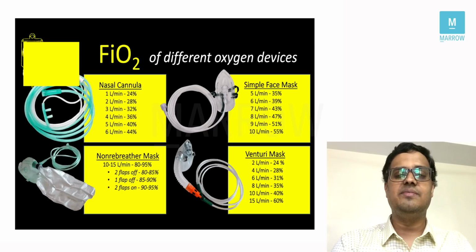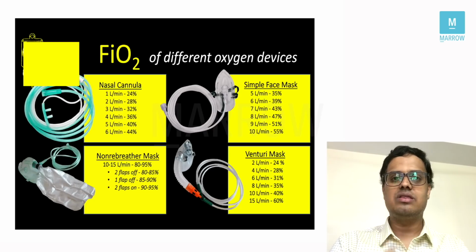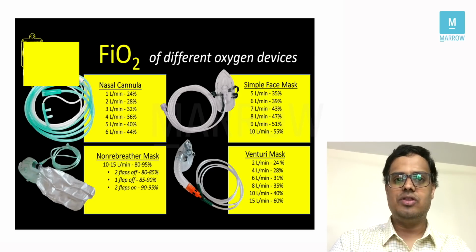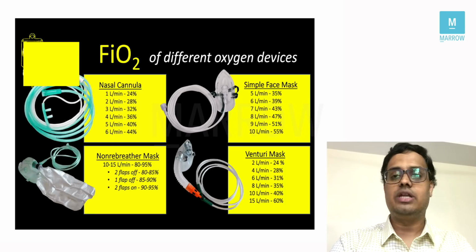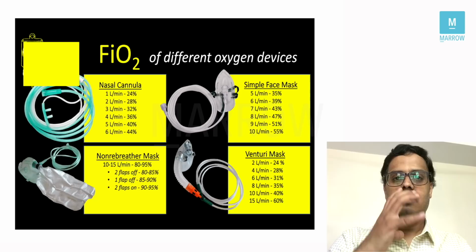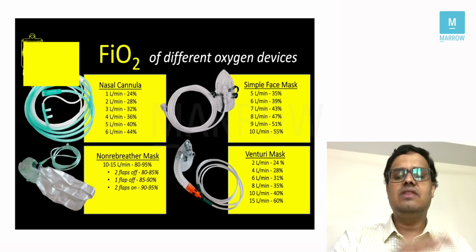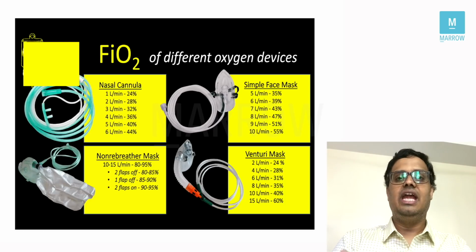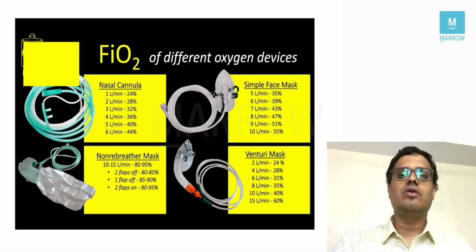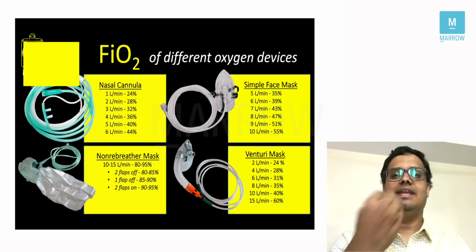A non-rebreather mask is like a simple face mask, but it has a bag on the lower side. When we are using flow rates around 10 to 15 liters per minute, we should make sure that the bag is fully inflated. When the bag is fully inflated and the patient takes a breath, it provides 100% oxygen in the next breath.